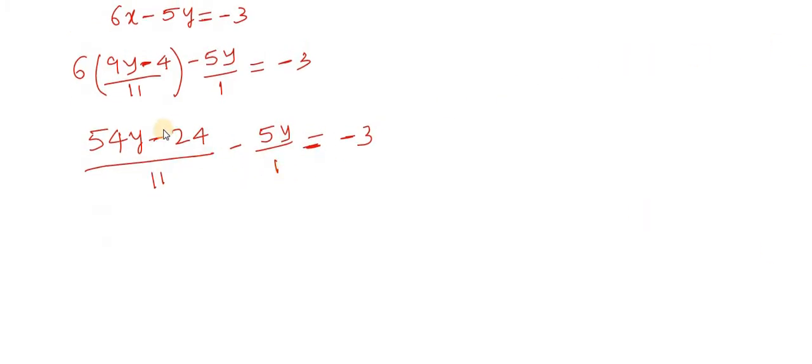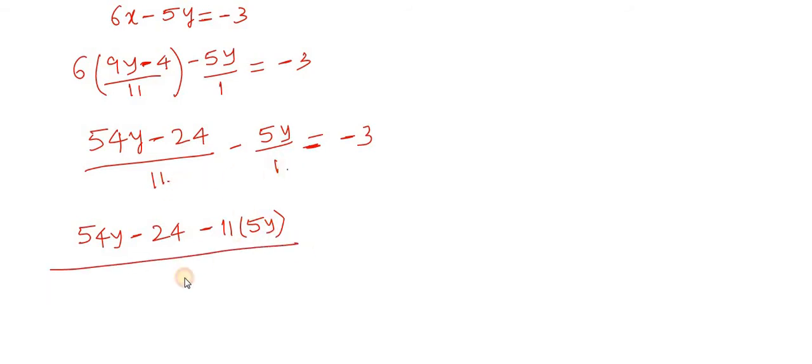So cross multiply this. If we cross multiply, 54y minus 24 minus 11 into 5y, divided by 11 into 1, 11. So either we need to take LCM or do the cross multiplication.